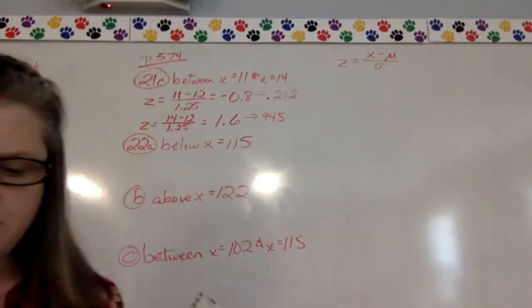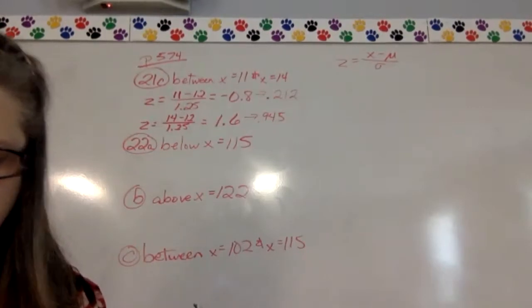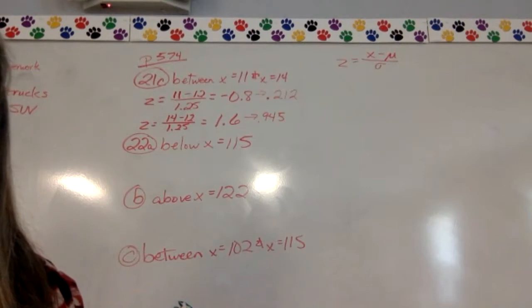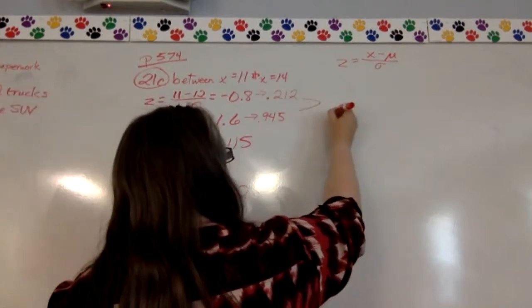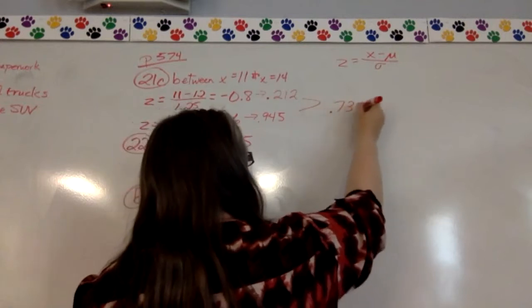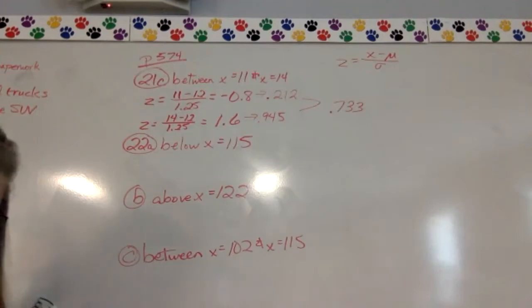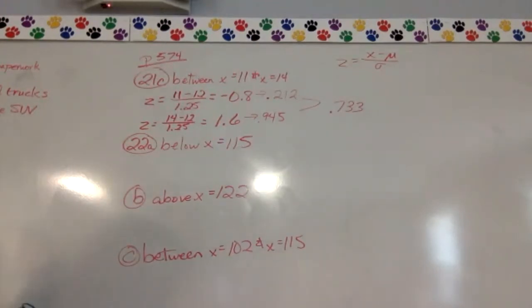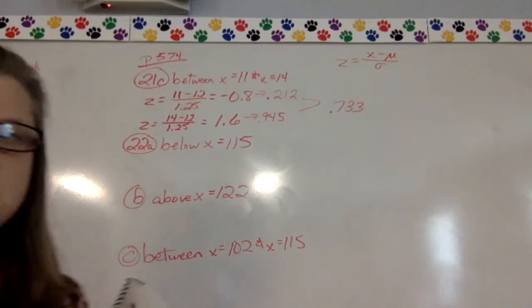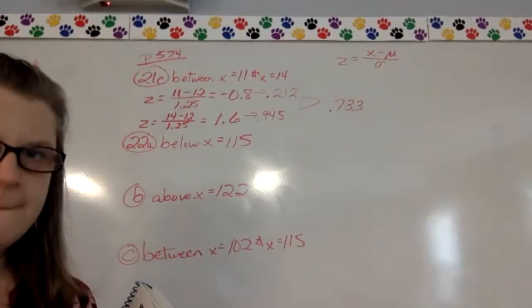You take 0.945 minus 0.212, and we get 0.733. That is our area between, which is what I wanted on part C. Everybody good with that?